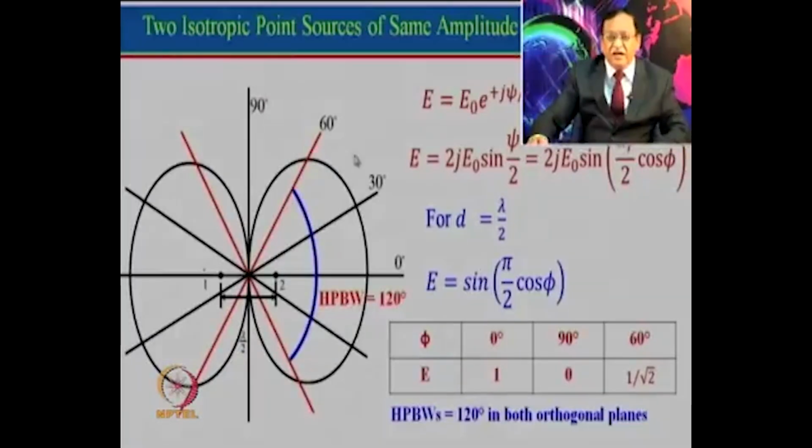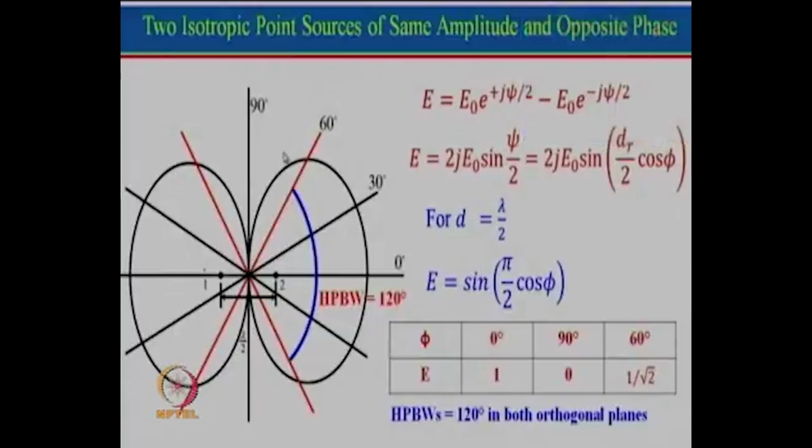So now let us take another case where the two antennas are of the same type, but they are fed with opposite phase. So that means now this antenna is fed with, let us say, amplitude A, then this is fed by minus A, which is a 180 degree phase shift, and they are again symmetrical with respect to the origin.